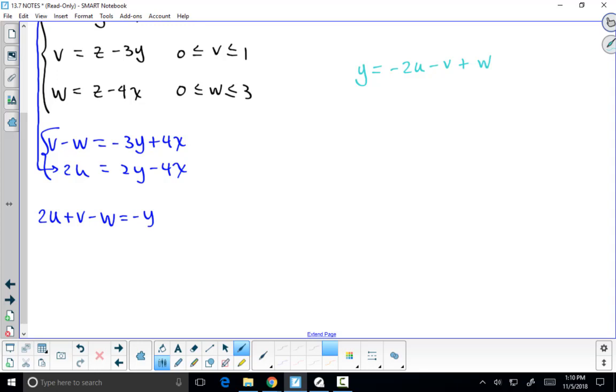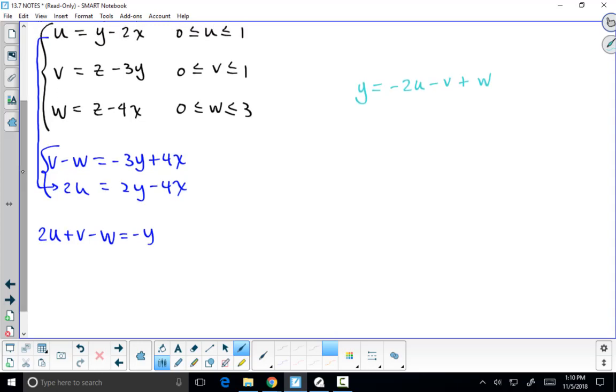Now if we plug that equation into this one, we could get z, or if we plug it into this one, we can get x. Let's substitute it into the first one and get x first. We know that u is equal to, this is equation 1, replacing the y with what we just found in terms of u, v, w, and then minus 2x.